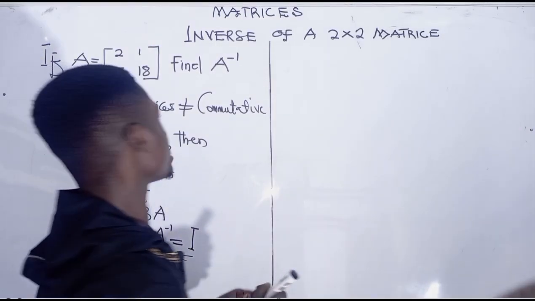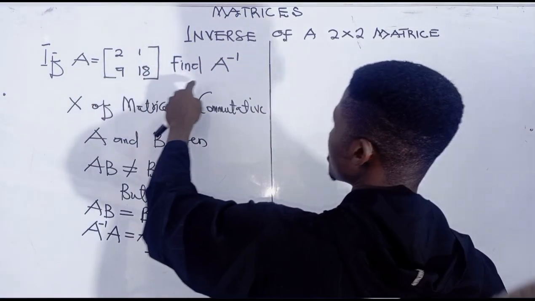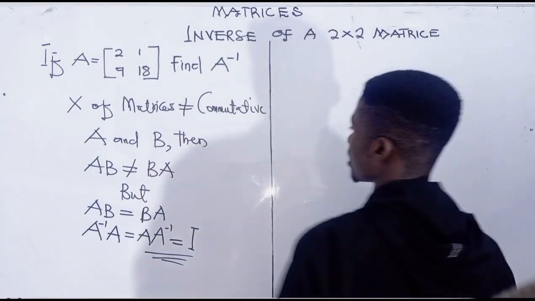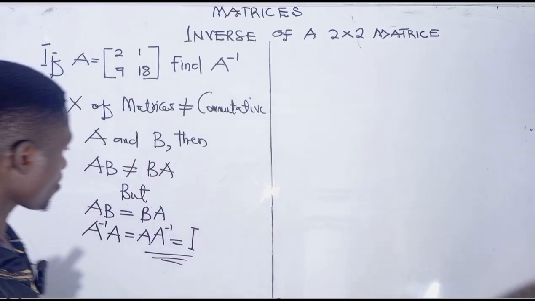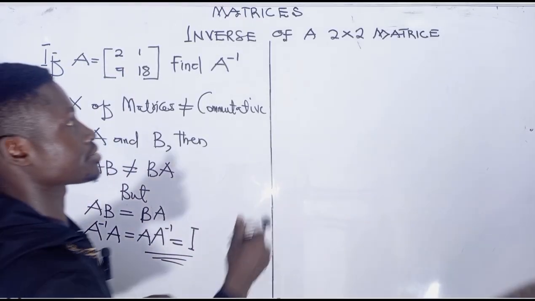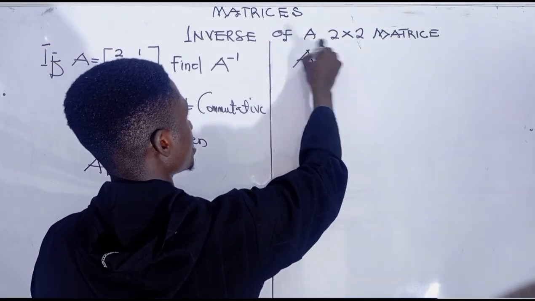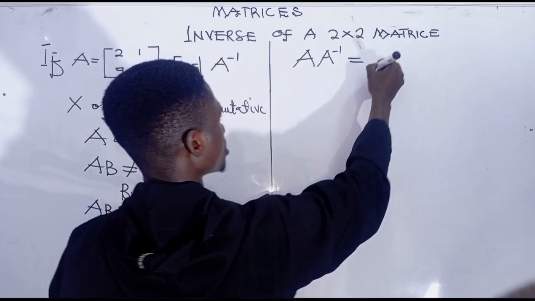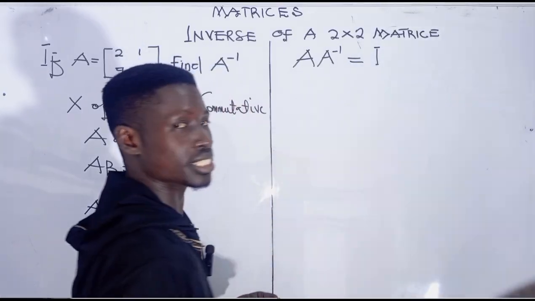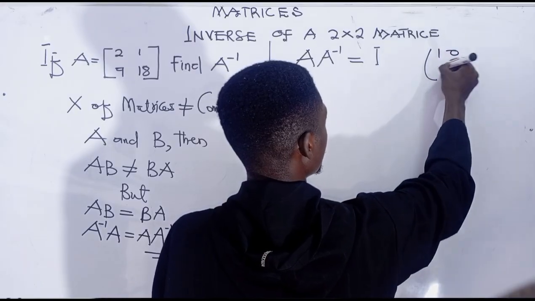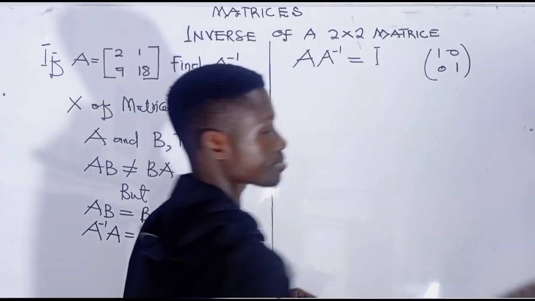So we have matrix A with these entries, and then we want to find the inverse of matrix A. So we are saying that a matrix times its inverse gives us the unit matrix. And we know that the unit matrix has entries 1, 0, 0, 1.